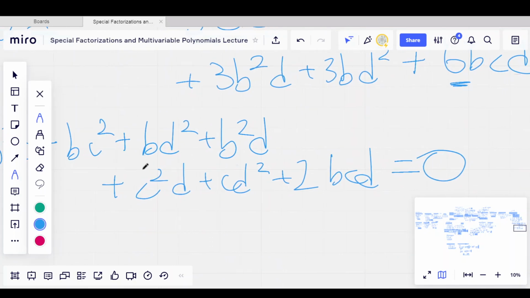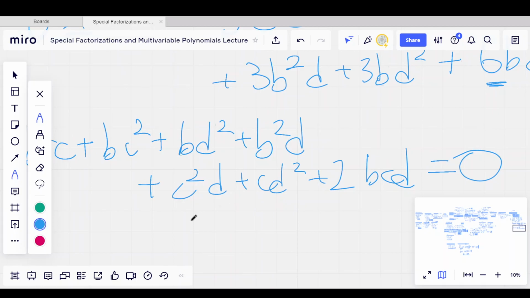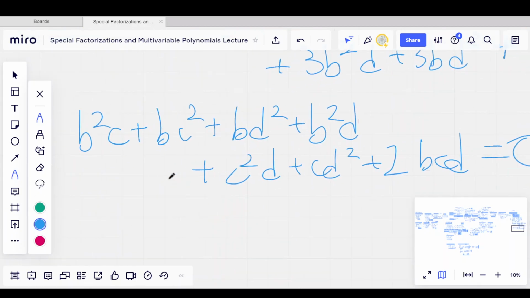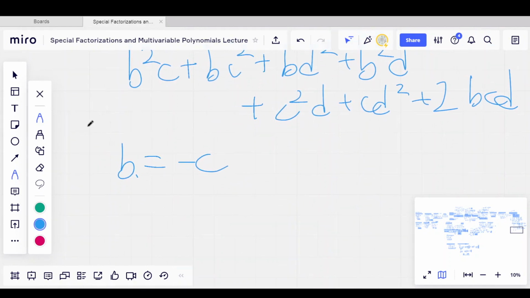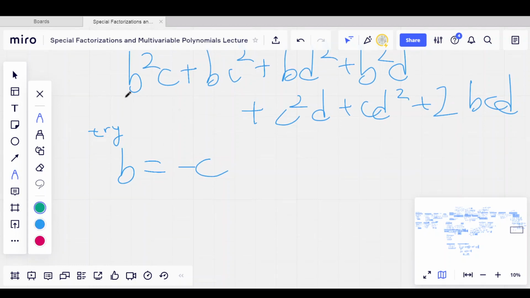You might as well factor it directly, but just because this is symmetric, I'll just do it for the sake of explaining it. Okay, so we try. You might not try this on the first try, but I'll just try this directly.